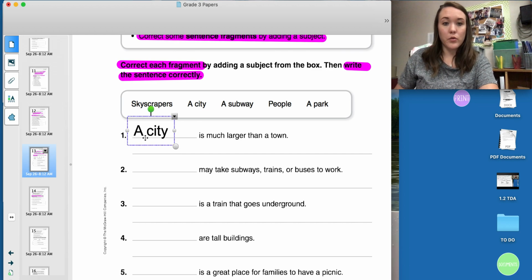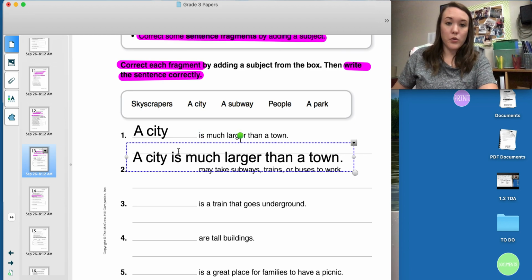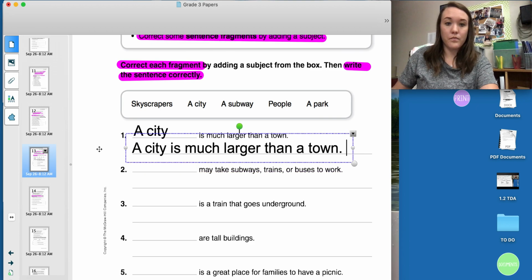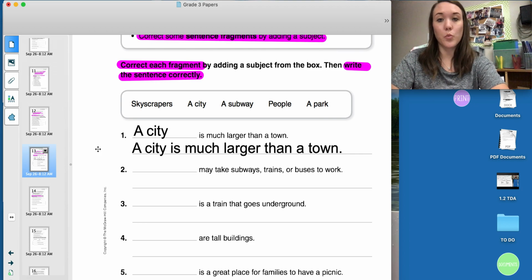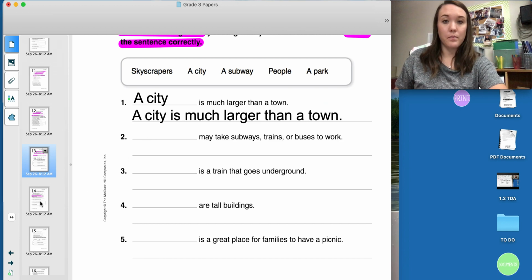I'm going to write a city on the line, and then on the big line below, I am going to rewrite the entire sentence. You will only use each word or phrase from the box one time. You will finish this page with the same directions.